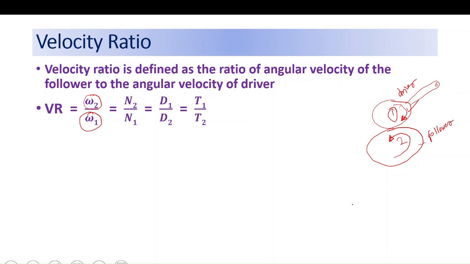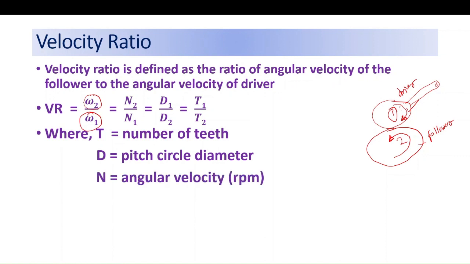You must know what omega, n, d and t are. Omega is the angular velocity in radians per second, n is the angular velocity in rpm, d is the pitch diameter, and t is the number of teeth. What is omega?